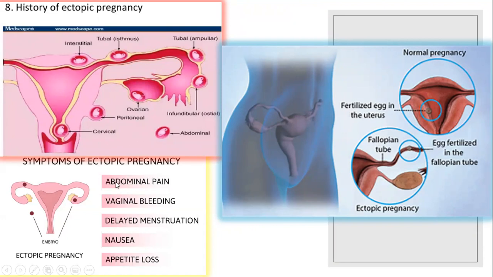The patient presents with abdominal pain, vaginal bleeding, delayed menstruation, nausea, or appetite loss. If any mother has this, diagnosis of ectopic pregnancy is difficult and done by imaging tests and blood tests.